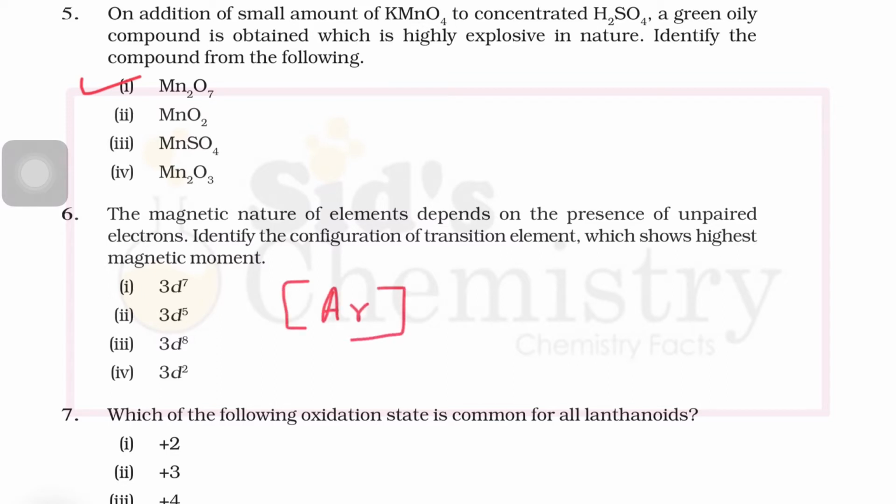Argon, 3d and 4s. We have to consider electrons present in the d orbital to find out the unpaired nature of the electrons as well as the magnetic moment.